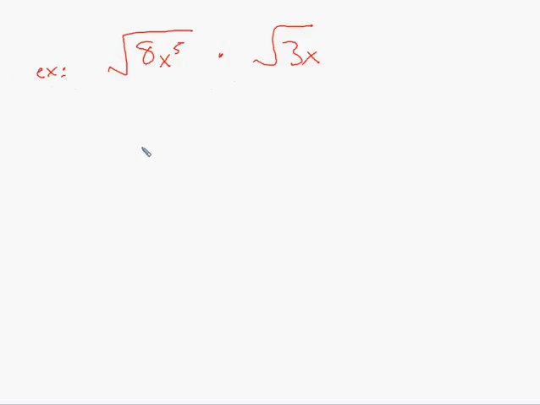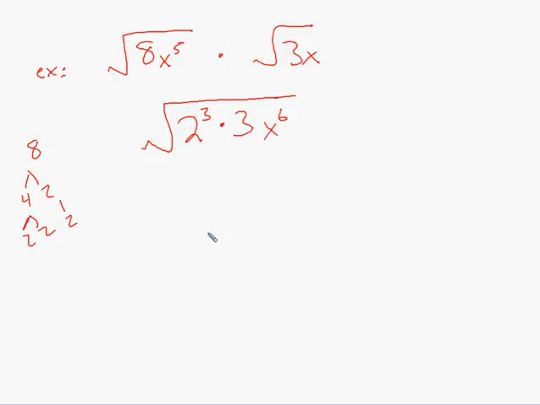All right, so we're going to multiply these. I didn't bother prime factorizing that, but I could. 2 cubed, right? Times 3. That 8 is 2 cubed. And then x to the what? 6. I need to split these up so they're divisible by what?